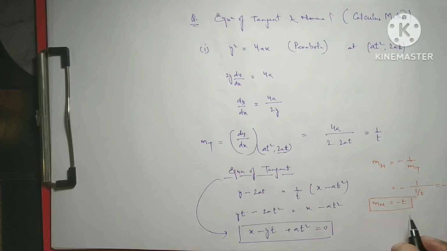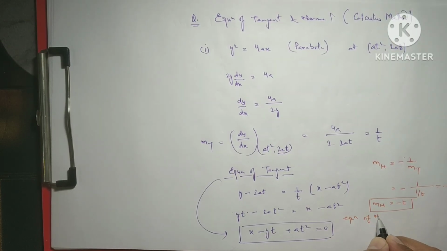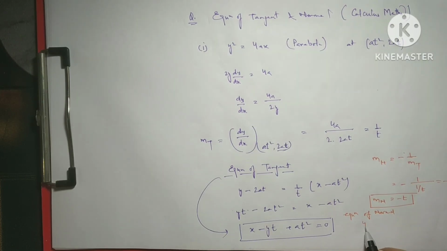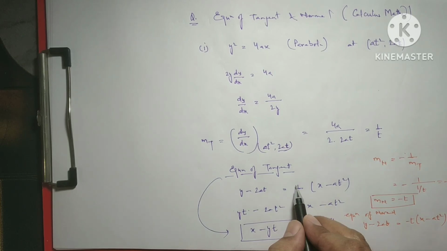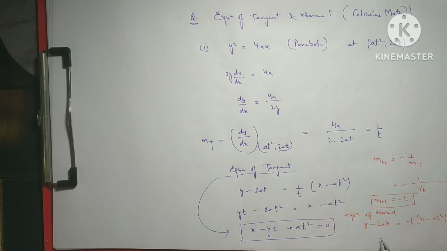Now the equation of normal is y minus y1, 2at, equals minus t times x minus at square. Only we will substitute the value of slope. So it is tx plus y minus 2at minus at cube equals 0. So this is the equation of normal.